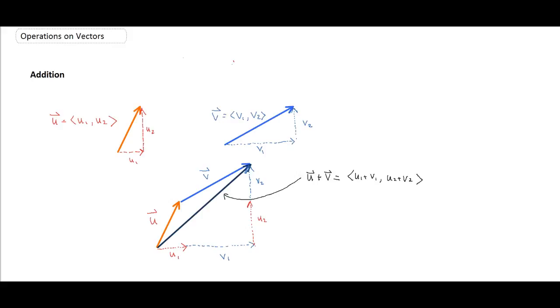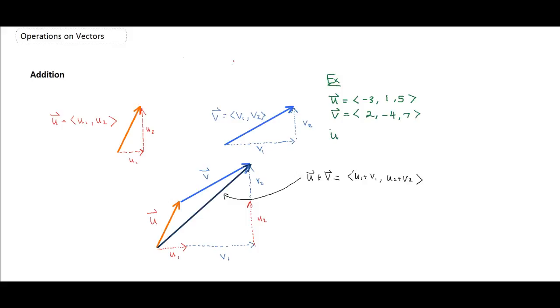So for a quick example, let's try to add two three-dimensional vectors. Say that vector u is -3, 1, 5, and vector v is 2, -4, 7.